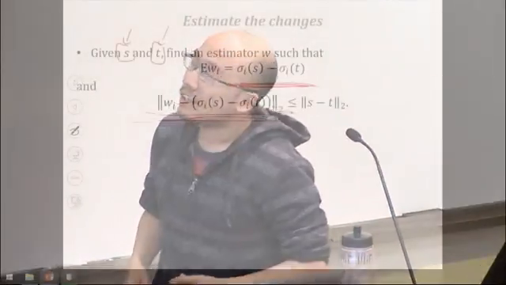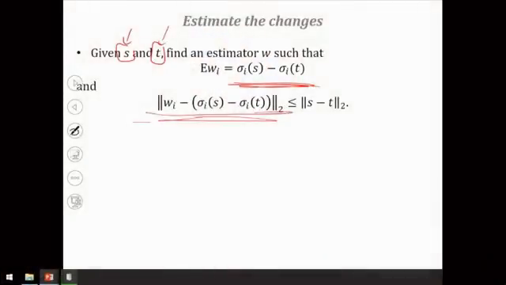What I mean is, you want to find an estimated W such that, say, S is the next step, T is the previous step, and then you want to compute the change of leverage scores. If you can compute that exactly, then you can just add that back and implement the Newton method. And it turns out you can do something like this.